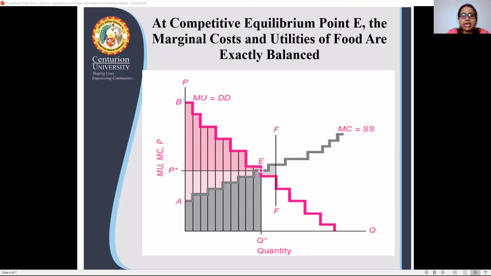So when there are a large number of producers and a large number of consumers, how can a perfectly competitive economy be efficient? The perfectly competitive market is actually a device for synthesizing the willingness of consumers, possessing dollar votes, to pay for the goods, and the marginal cost of those goods as represented by the farm supply curve.